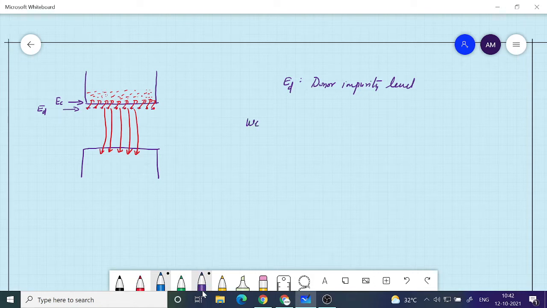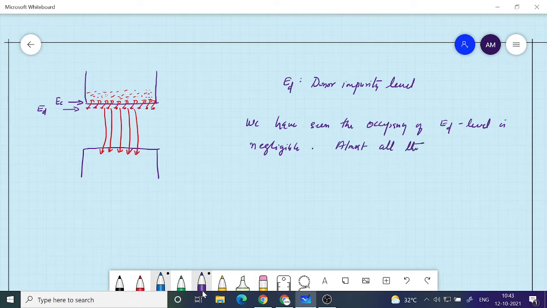So we have seen that the occupancy of the ED level is negligible. Almost all the electrons, by electrons I am basically adding N0 plus Nd, almost all the electrons are in the conduction band.